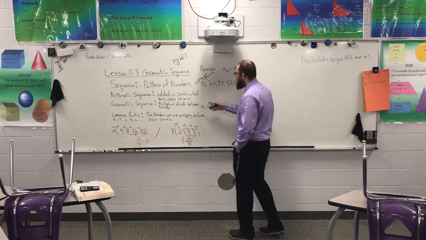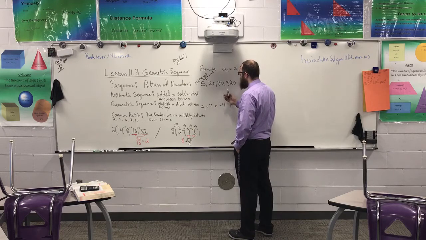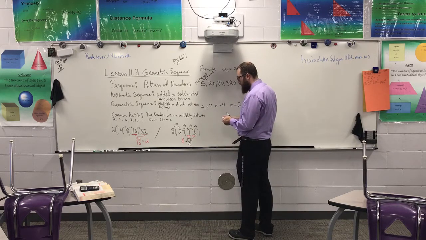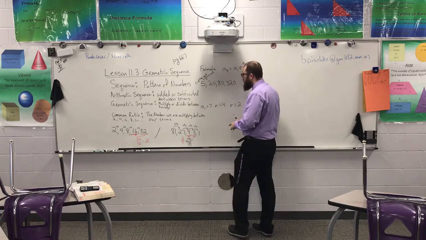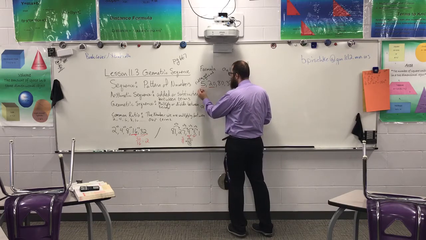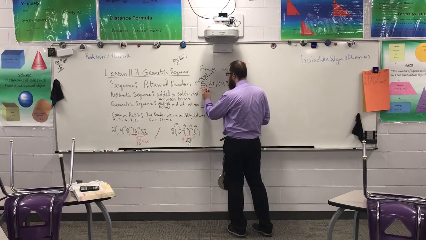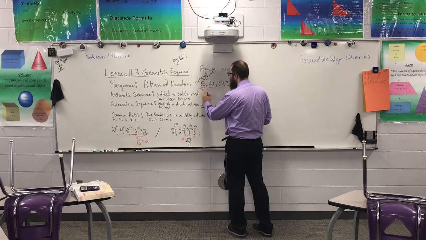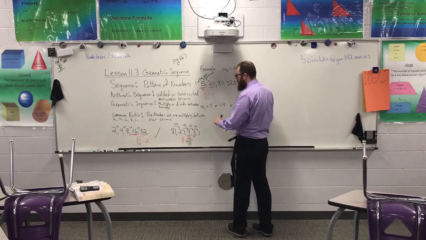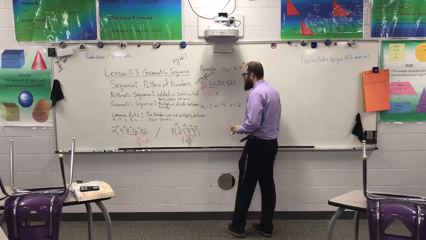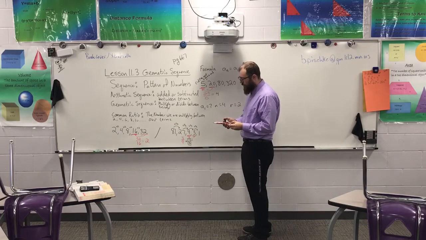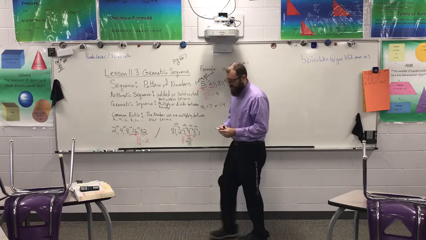So we have 5, 20, 80, 320. Now if I don't immediately know my pattern, I'm going to take 2 terms in my sequence and divide backwards. 20 divided by 5 is 4. Now I know my common ratio is 4.